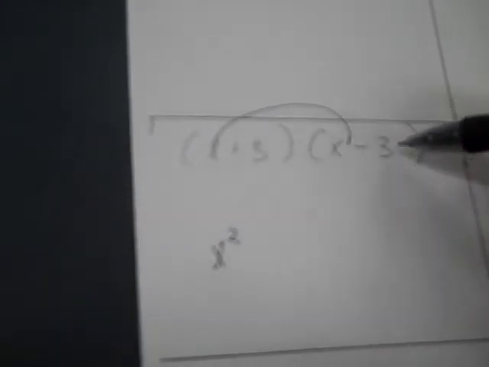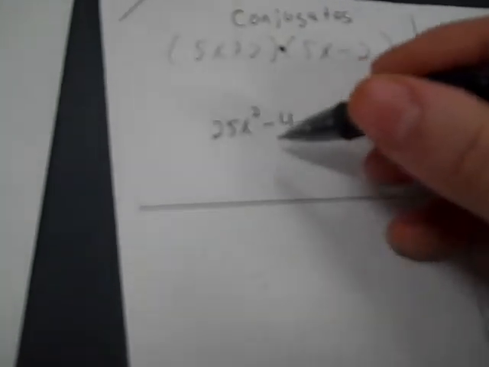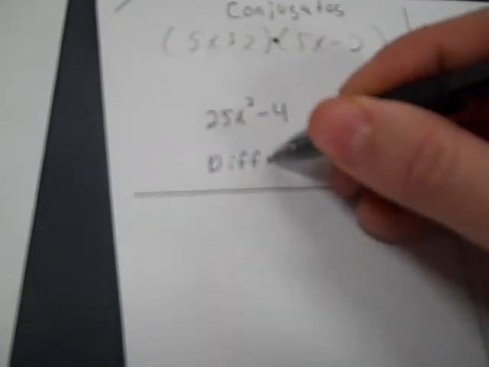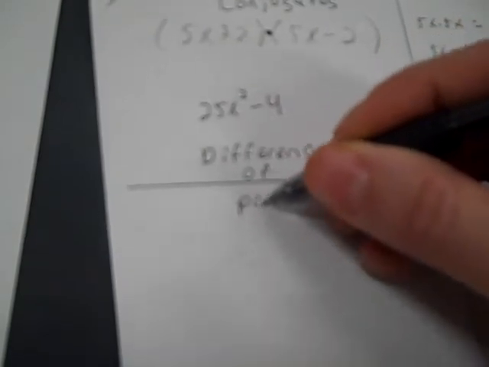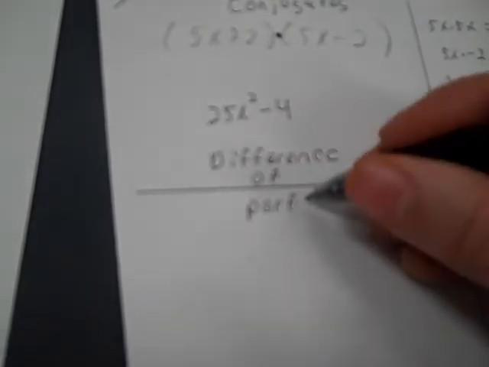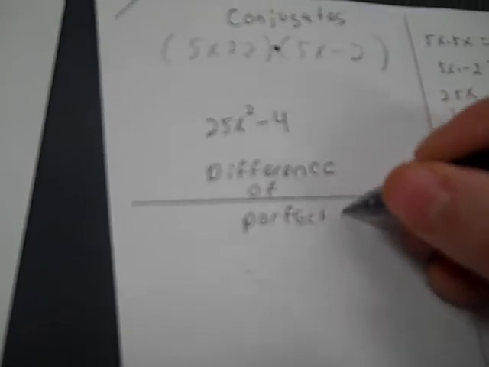Okay, so with conjugates, I know that this is a waste of time. So really, I can just take x times x, which would go x second, and 3 times negative 3, which would be negative 9, so minus 9. And what these products are called is difference of perfect squares. 25x to the second minus 4 is a difference of perfect squares.